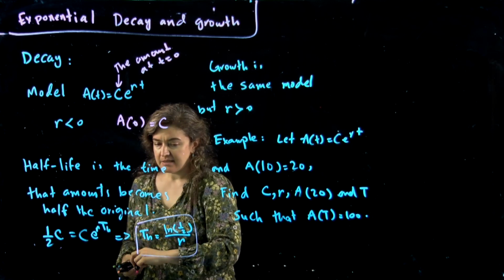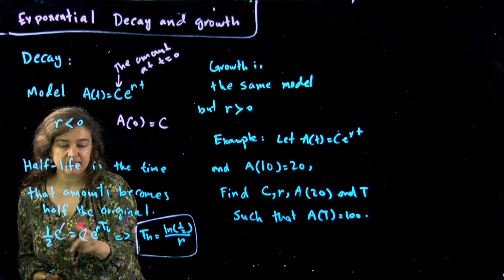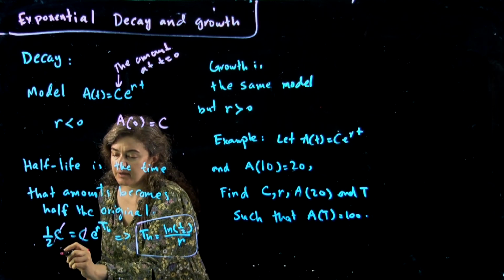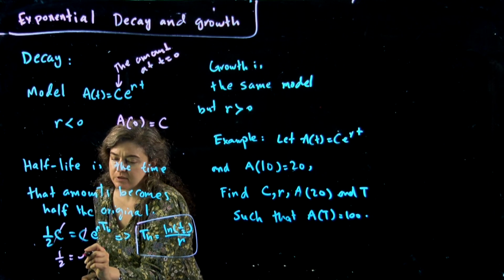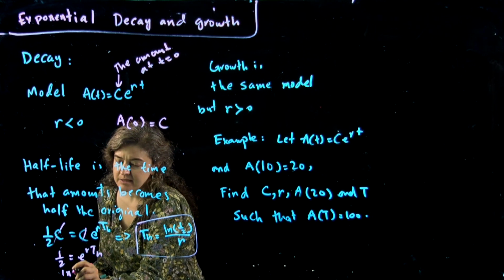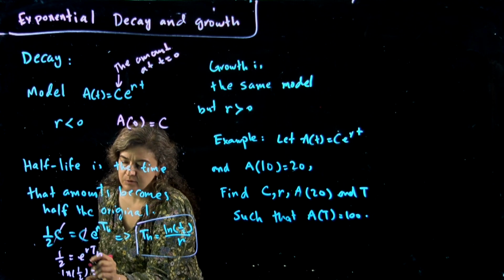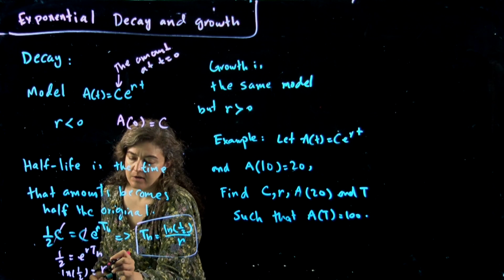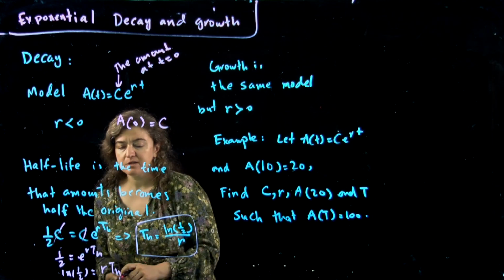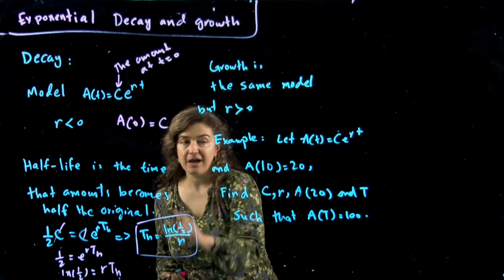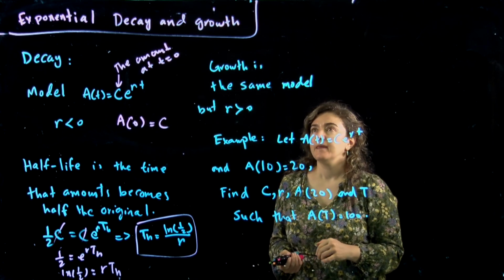If I solve this, c simplifies from both sides, and then I will have 1/2 equal to e to the power r t sub h. Take the ln of both sides. Ln of 1/2 is equal to ln of e to the power r t sub h, which simplifies because they are inverse functions, r times t sub h. So t sub h is ln of 1/2 divided by r.